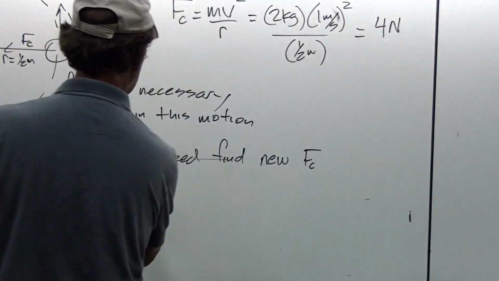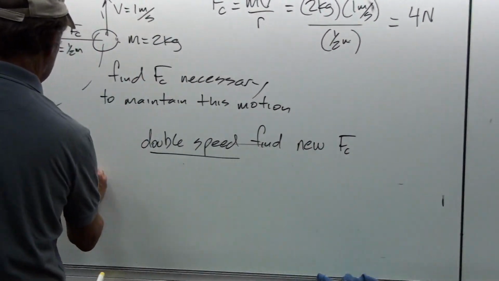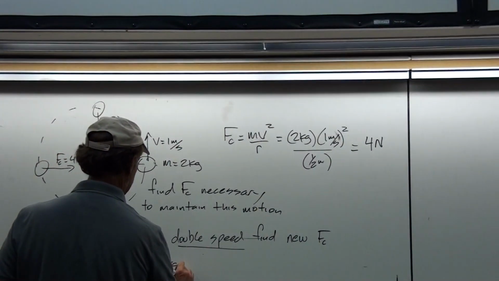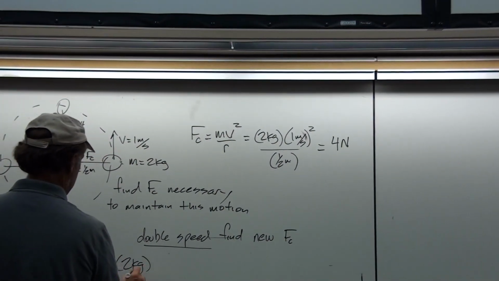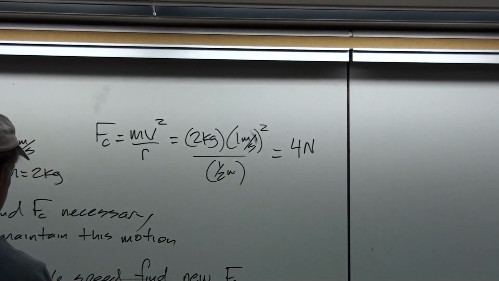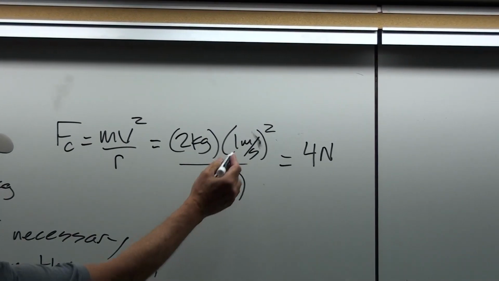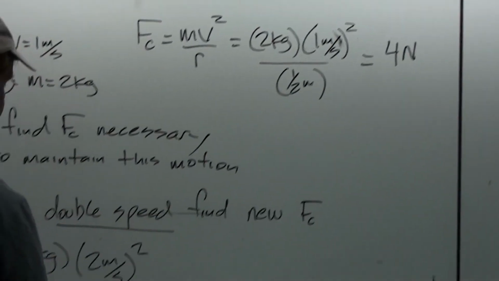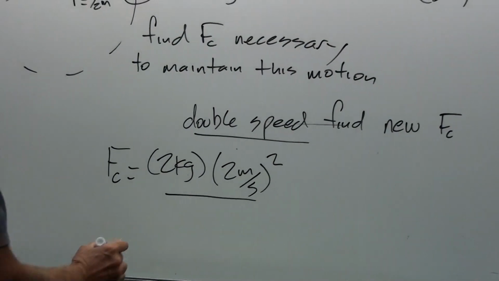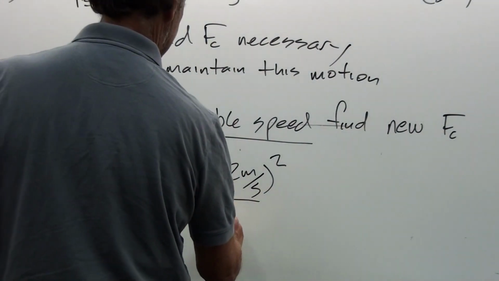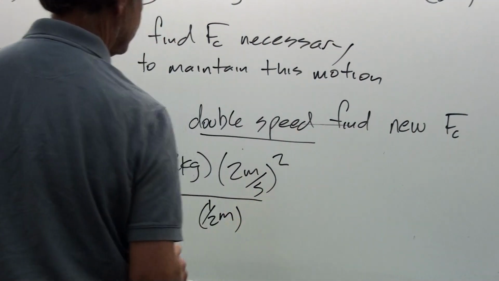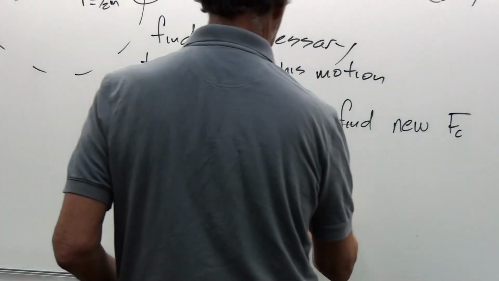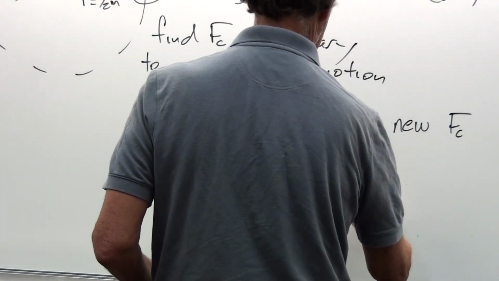Okay, so we double the speed. The new F_c is going to be m, 2 kilograms, times v, which is 2 meters per second, because I've doubled the speed from 1 to 2. I square that, so it goes like the velocity squared. The other values are the same: 1/2 meter and the 2 kilograms. So that shows us that it's 4 times the original, or 16 newtons.